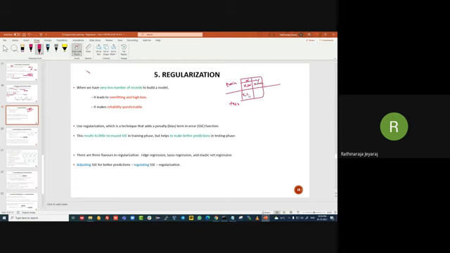This is for x test. This is for y test, and I'm going to predict y bar, the predicted value. So this is y pred train, and this is y pred test. After finding these, we will calculate the error. Am I right? So the error is the difference between these two: y train and y pred train, y test and y pred test. So that's what I indicate here.